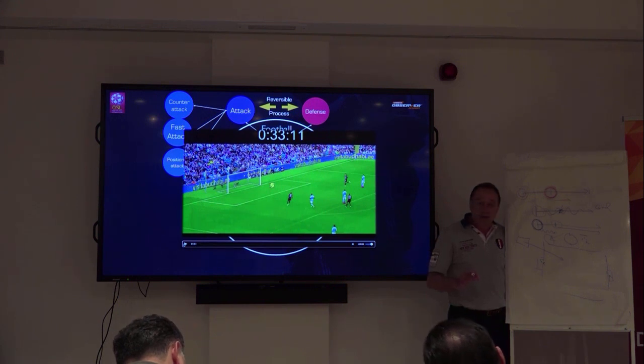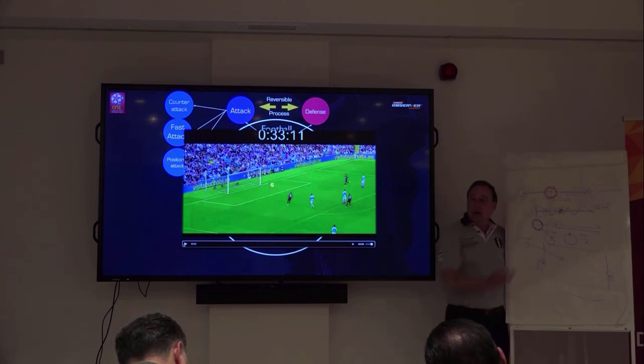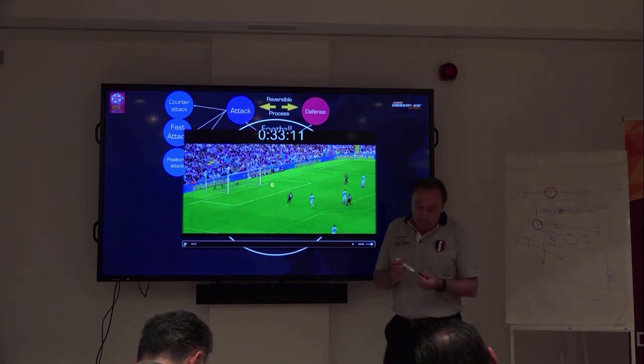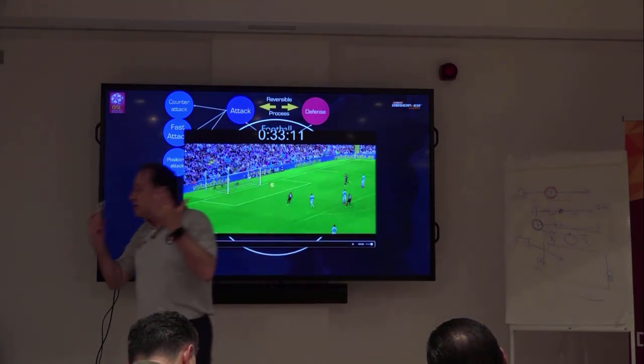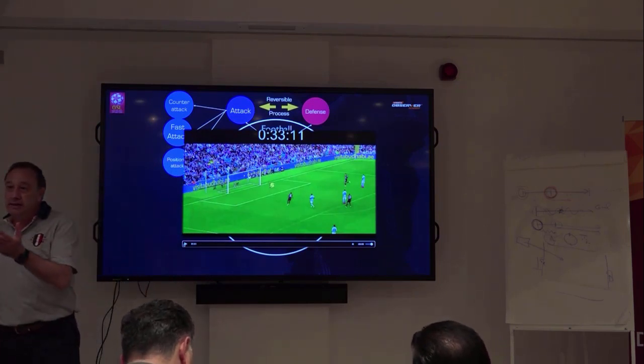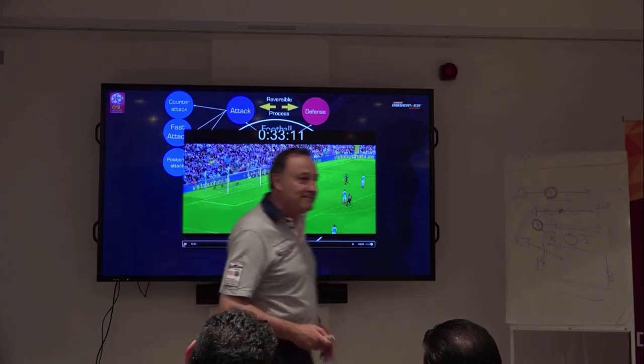So at 1 minute I whistle, and who has the ball can go to the goal line. At 1 minute and 30 seconds, I whistle, who has the ball can go. So the other team, who doesn't have the ball, has to protect the goal line. Now the ball is not important, what's important is to defend this goal line.